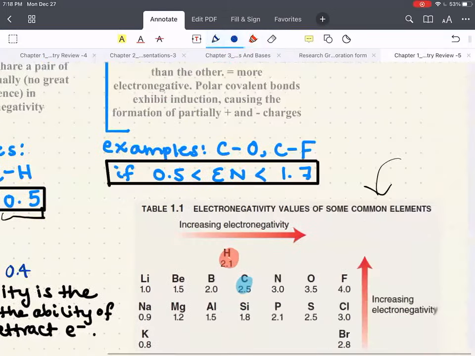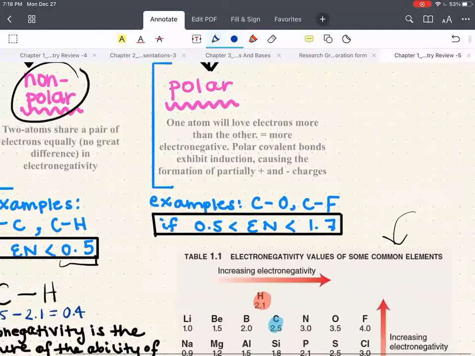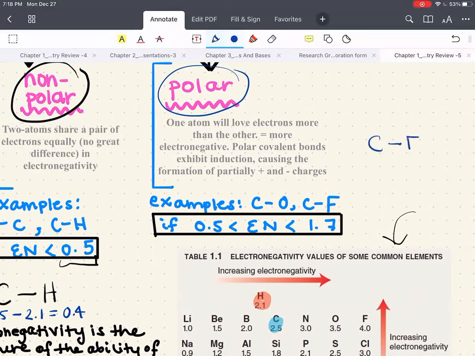Now, how do we define polar covalent bonding? Polar covalent bonding is defined when the difference in electronegativity between two atoms forming a bond is anywhere between 0.5 and 1.7. Let's look at carbon and fluorine as an example.